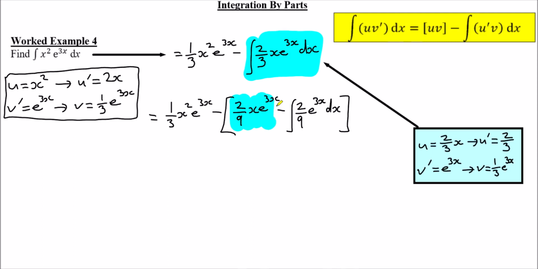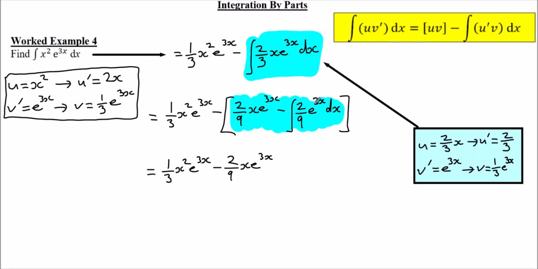So now I'm just taking care of the negatives. We're pretty much done. So we're going to have 1/3 x squared e to the 3x minus 2/9 single x e to the 3x. Then minus minus, this is going to become a positive.